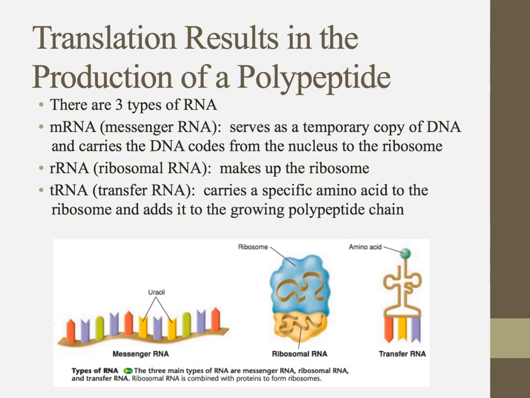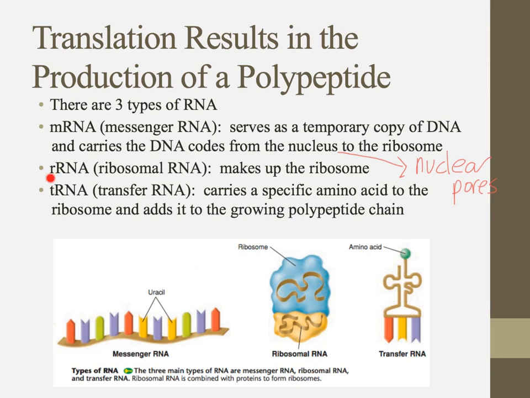Again, this serves as the temporary copy of DNA, and it carries those complementary DNA codes from the nucleus to the ribosomes. How's it getting out of the nucleus? Well, remember that the nucleus has these holes called nuclear pores, to get those mRNA molecules out.